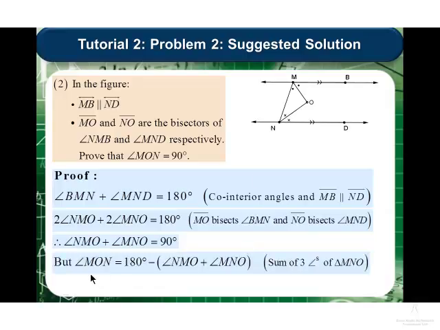So this really means that the angle MON, that is the third angle of this triangle MNO, is 180 degrees minus the sum of the other two interior angles. And since this is 90 degrees, we end up with the proof of the result that in such a case, the angle MON is a right angle, namely 90 degrees, as was requested.